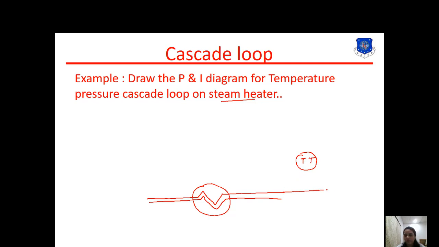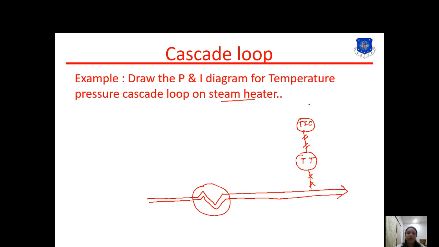The input of the heater is given to the temperature transmitter and is connected like this. Now whatever signal is transmitted, it is a pneumatic signal. The symbol of the pneumatic signal is like that, and here we put the temperature indicator controller. Whatever temperature is here, it is controlled and indicated by this instrument.